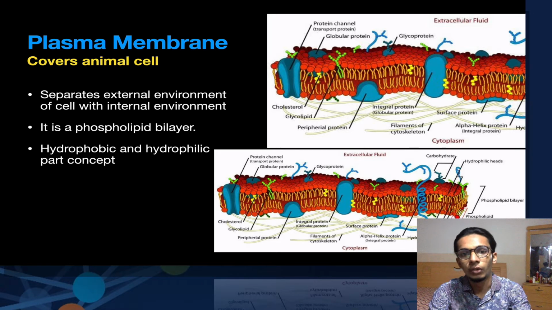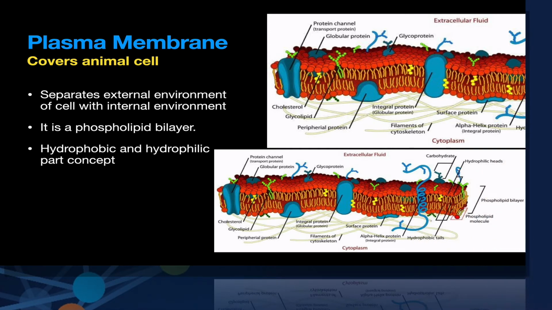So it is a phospholipid bilayer, and it separates the external environment of the cell from the internal environment. Internal environment is the one having cytoplasm, while the external environment is the one having the tissue fluid.